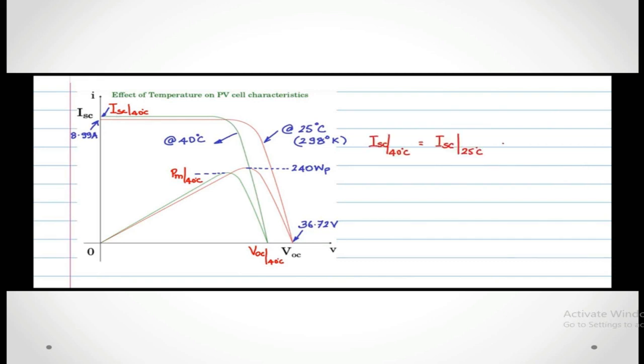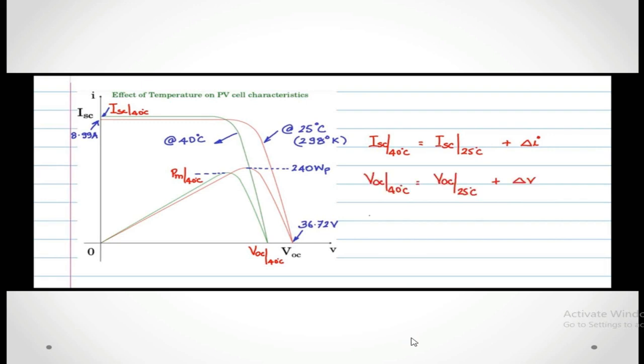Now ISC at 40 degrees centigrade is equal to ISC at 25 degrees centigrade, and it is increasing here, so we need to add some value of current to ISC at 25 degrees centigrade so that we can get ISC at 40 degrees centigrade because it is increasing. So I am going to add a delta I. Okay, so ISC at 40 degrees centigrade equals ISC at 25 degrees centigrade, in addition to that, there is a little current delta I.